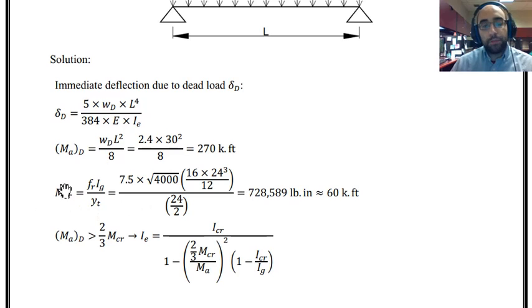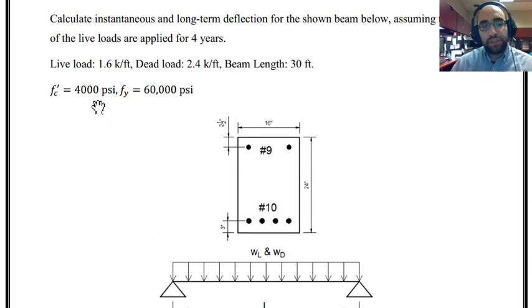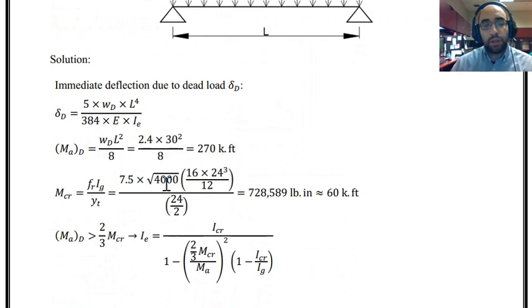So the same idea is applied, the same equation. Fr is the tensile strength of concrete, the equation that we used in chapter 2 when we were looking at the stages of concrete behavior, whether it is cracked or not. So Fr is 7.5 square root of f'c. f'c is given as 4,000 psi.